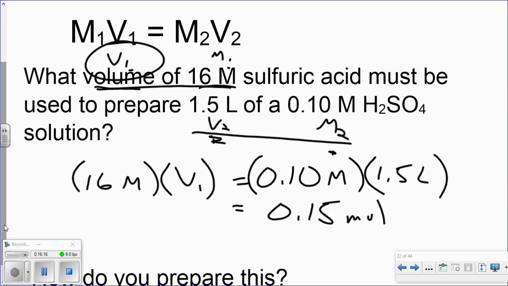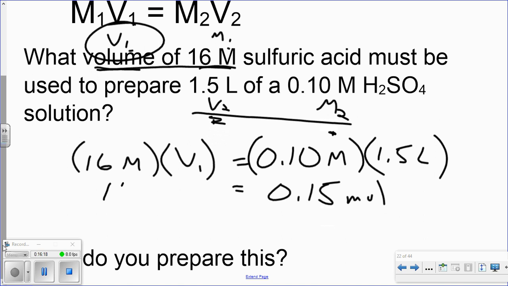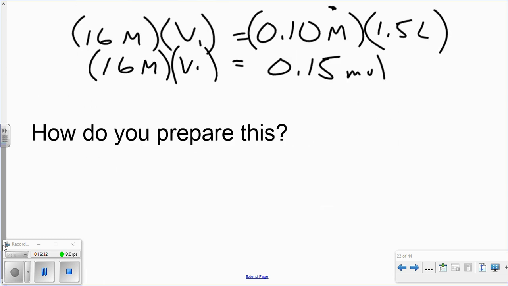And then you're going to go over here. And now you have 16 molar times your X. So you're just going to divide that by 16. 0.15 divided by 16 gives you an answer of 0.00937. Or, now that's liters, guys. Just be careful. Now, if you're confused about that, let's just look real quick here.